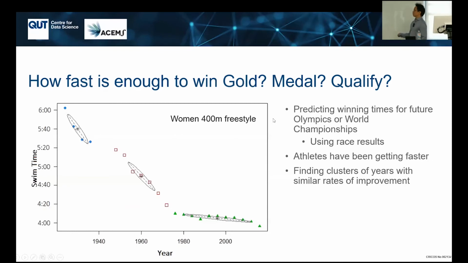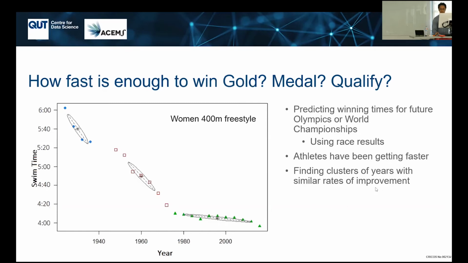So the question was, how fast is good enough to win gold, to get a medal, or to qualify for the finals? Of course, if you ask our swimming partners, they say gold is what matters and everything else is secondary. So this is about predicting winning times using past race results. To start with, we used Gaussian mixture models to identify trends in winning times. You can see early in the 1900s there was much more improvement, because you went from more amateur athletes to more and more dedicated training programs and more professional.